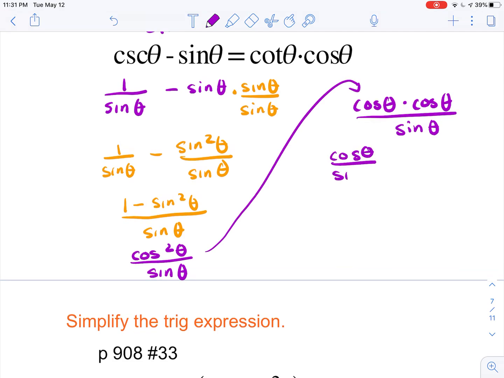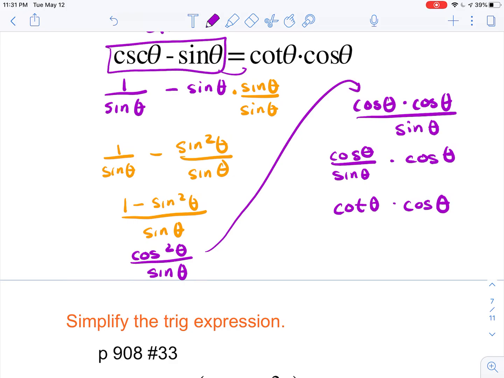Now, since it is multiplication in my numerator, that denominator does not have to go to both of them, so I can just group it with the first one. So cosine theta over sine theta times cosine theta. We're getting there, right? Because cosine over sine, hopefully we remember, is equal to cotangent of theta.